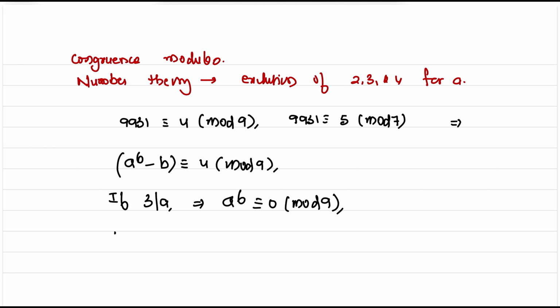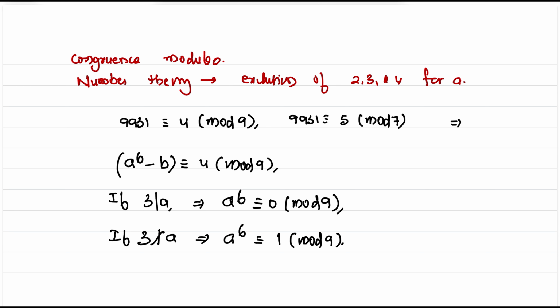If 3 doesn't divide a, a to the power of 6 is equivalent to 1 mod 9. Like this you proceed further and see that 2, 3, 4 are excluded. And hence you get the answer that a should be greater than or equal to 5.